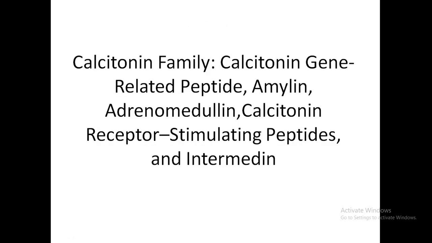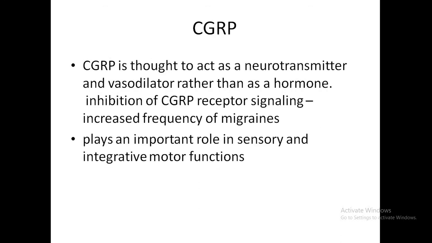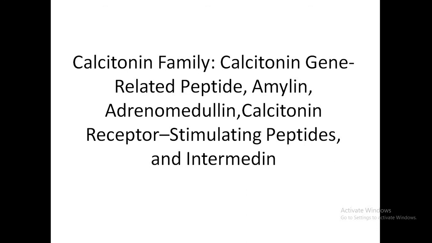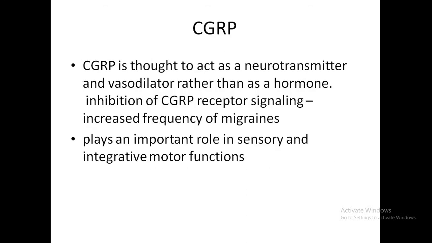Now coming to the calcitonin family, we will analyze calcitonin gene related peptide, the CGRP, then amylin, adrenomedullin, calcitonin receptor stimulating peptides, the CRSPs, and the Intermedin. So calcitonin gene related peptide is thought to act as a neurotransmitter and a vasodilator more than a hormone, and inhibition of the CGRP receptors is used in migraines.